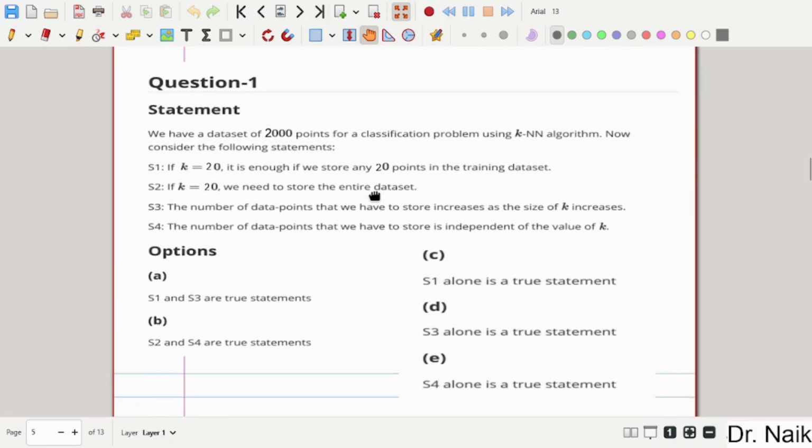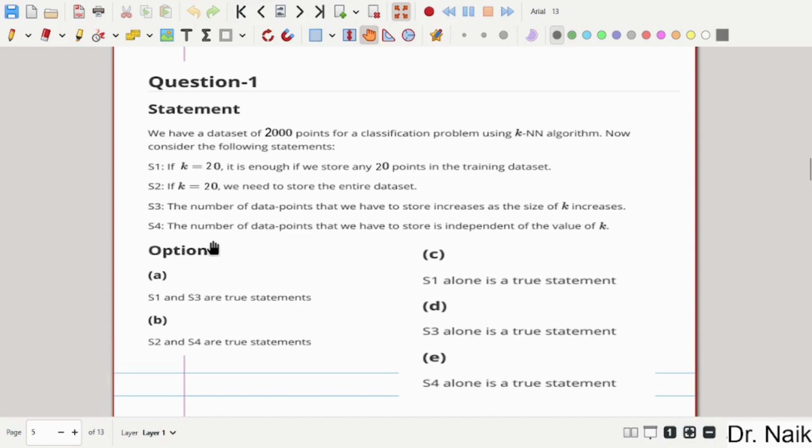Now let us solve question 1. We have a data set of 2000 points for a classification problem using a KNN algorithm. Now consider the following statements. Statement 1: if k is equal to 20, it is enough if we store any 20 points in the training data set. Statement 2: if k is equal to 20, we need to store the entire data set. Statement 3: the number of data points that we have to store increases as the size of k increases.